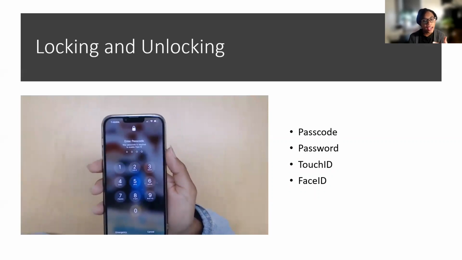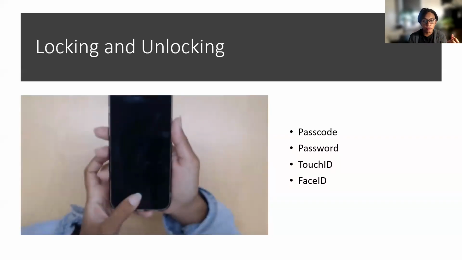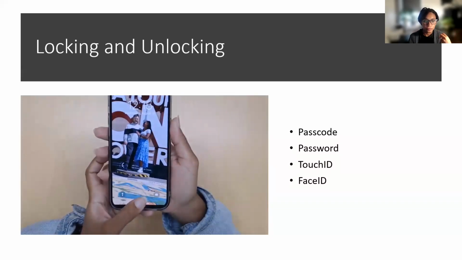Similarly, a password is an alphanumeric password that can contain numbers and letters that you can enter, and you will see a number of dots again that indicate the number of characters in your password. Touch ID is only available on the models that have the home button.